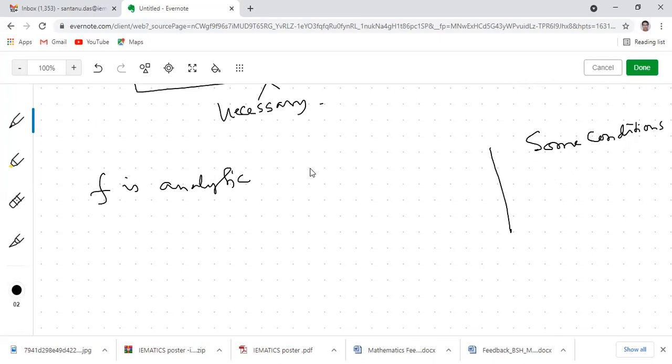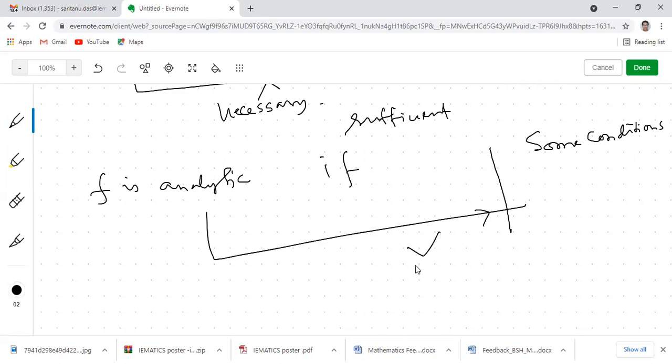So f is analytic if this condition holds. This is called sufficient. Similarly, we know that f is analytic, then if this condition holds, it is called the necessary. So the conditions we'll be studying here are necessary as well as sufficient. That means f will be analytic whenever the condition holds. Similarly, if f is analytic, that will also imply that the conditions will be valid always.